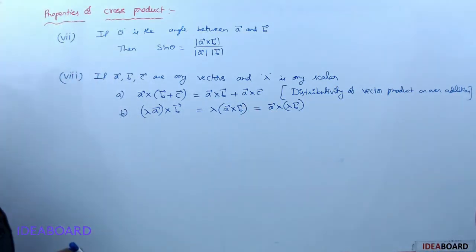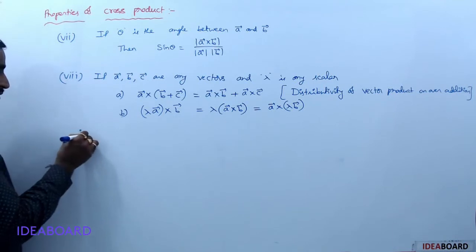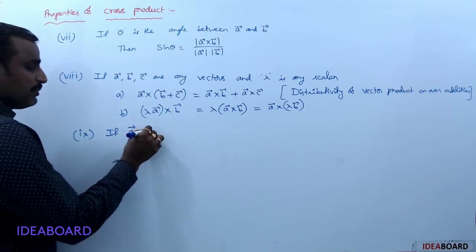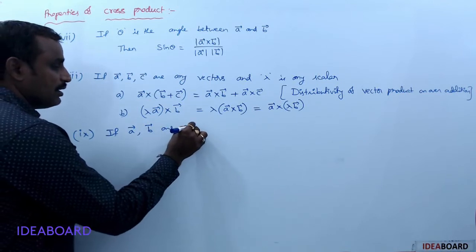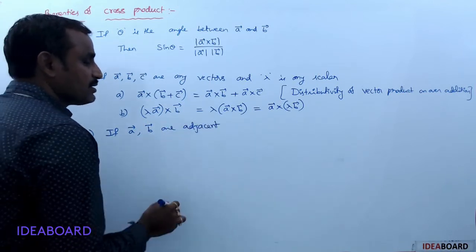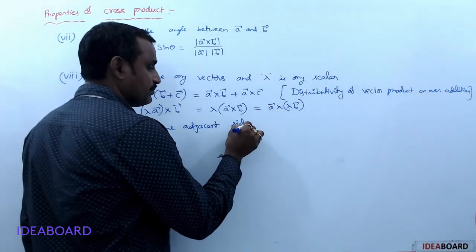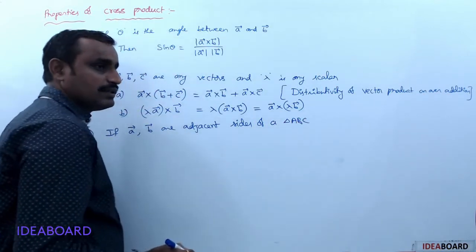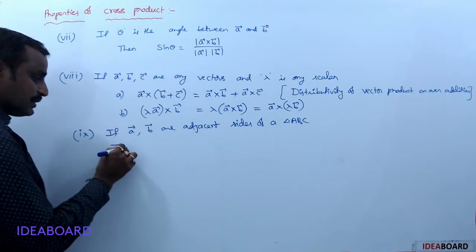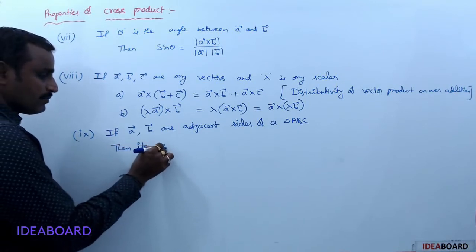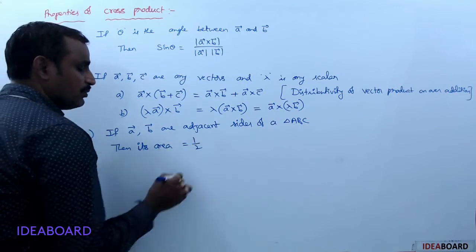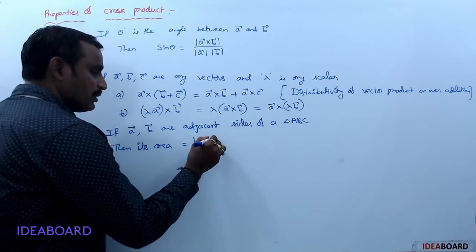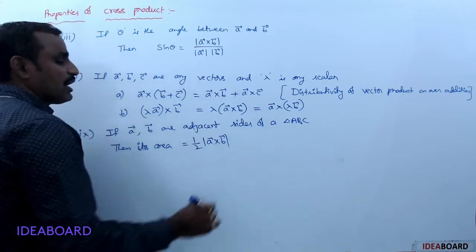So now next, property number 9, if a bar, b bar are adjacent sides of a triangle ABC, then its area is equal to half into modulus of a bar cross b bar.